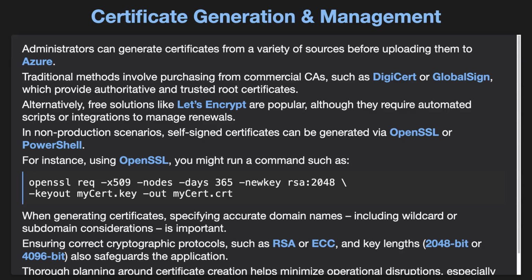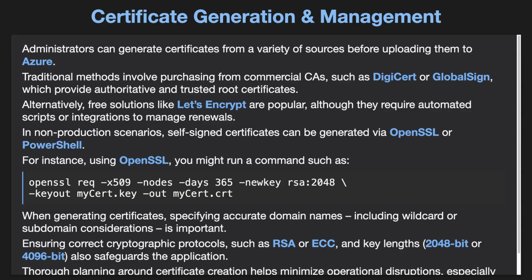For instance, using OpenSSL, you might run a command such as openssl req -x509 -nodes -days 365 -newkey rsa:2048 -keyout mycert.key -out mycert.crt. When generating certificates, specifying accurate domain names, including wildcard or subdomain considerations, is important.